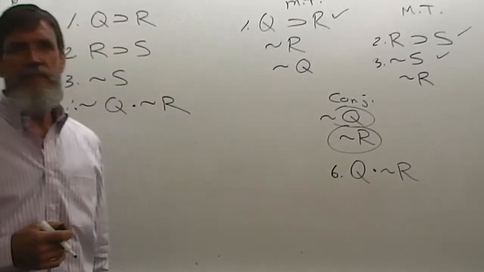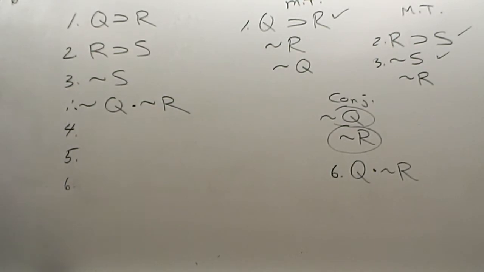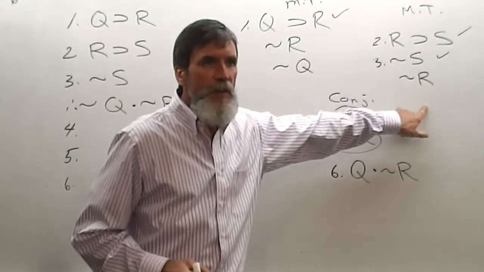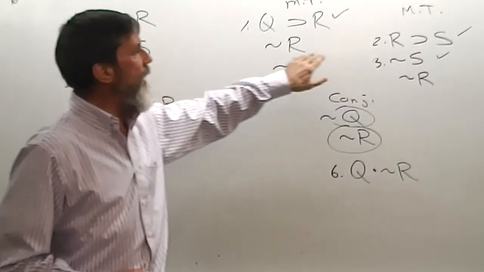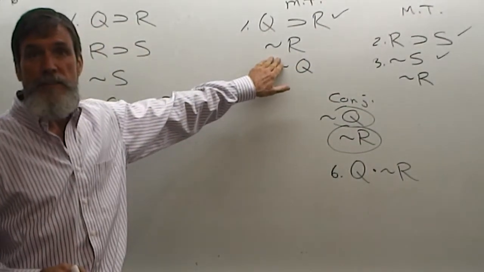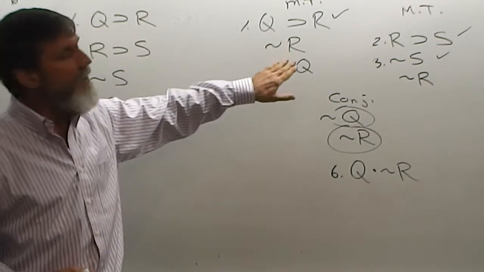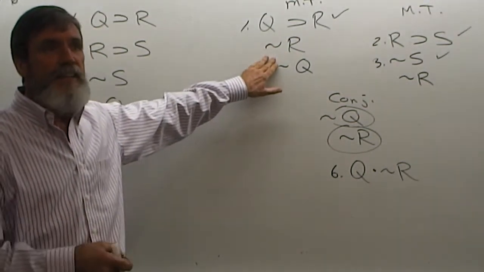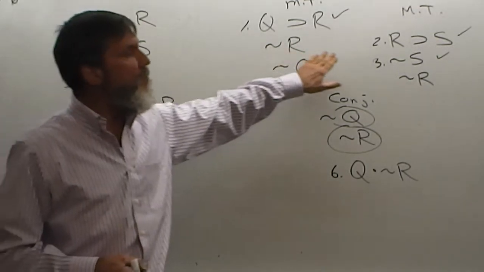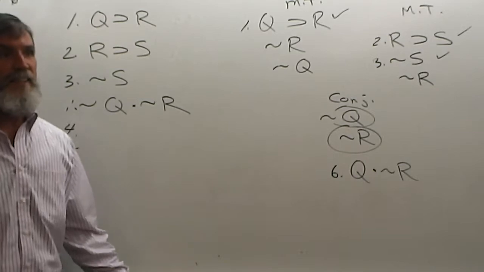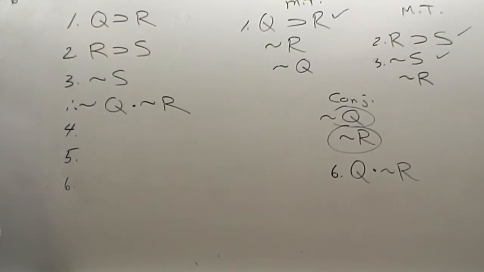Figure that out. Do we need to create curl R before we use it as a premise in another argument? Or do we need to use it as the premise in an argument before we create it? What has to happen first?